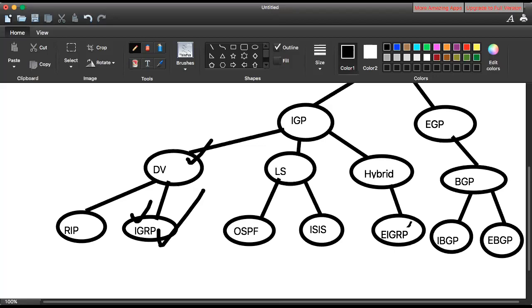Apart from that, it has other features as well, like those of link state. In distance vector, we have only one table, the routing table. But in link state, we have the routing table, the neighbor table as well as the topology table. There are other characteristics that you would probably find, but I don't want to discuss them right now.